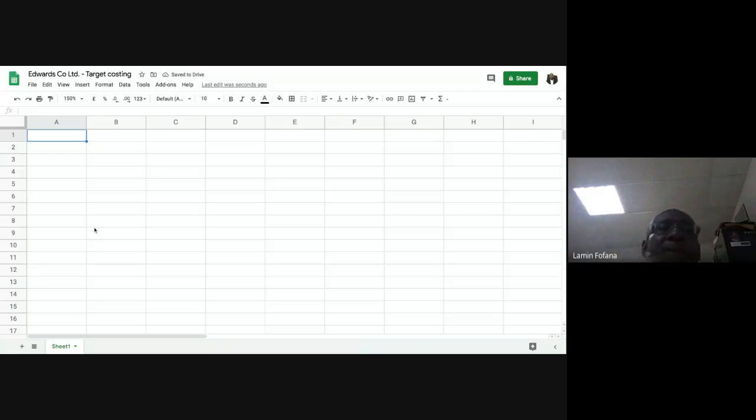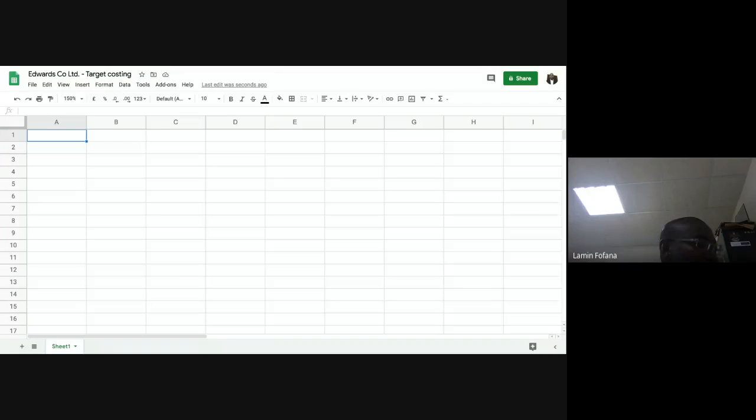I have explained what we're supposed to do. First, we're supposed to calculate our unit cost using our current costing method, which is absorption costing.